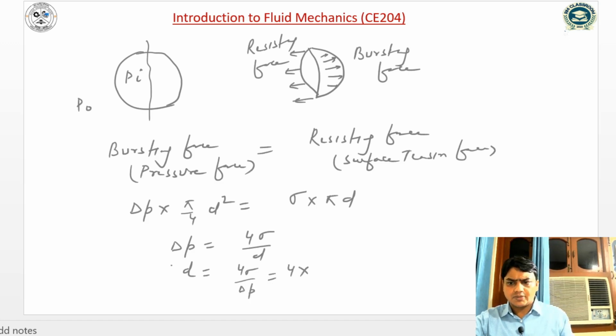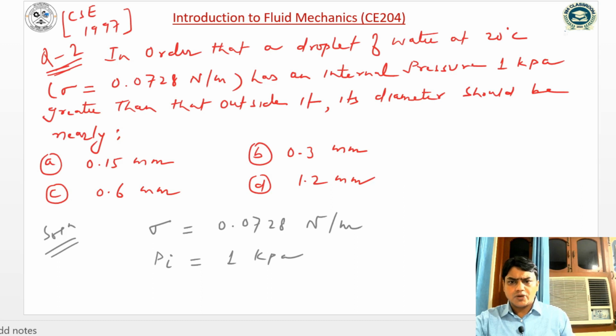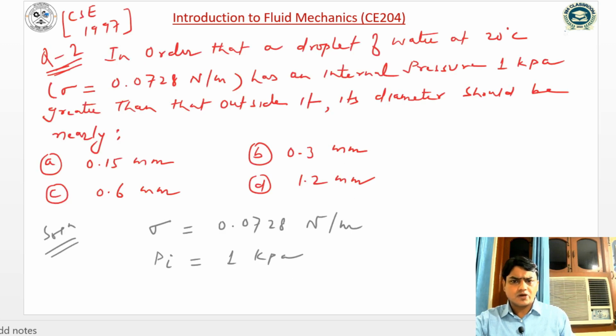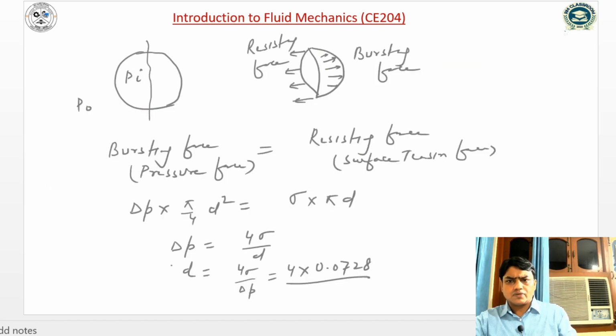So 4 into sigma, the value of sigma is 0.0728, divided by pressure. The pressure is 1 kilopascal, so 1 into 10 to the power 3 Newton per meter square.